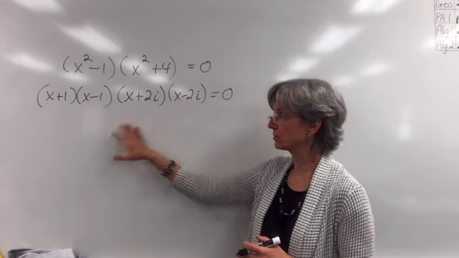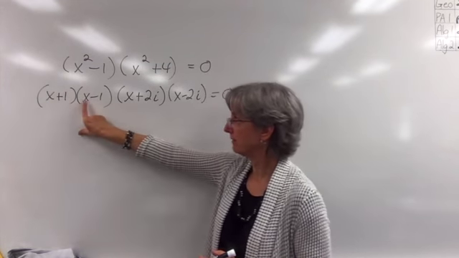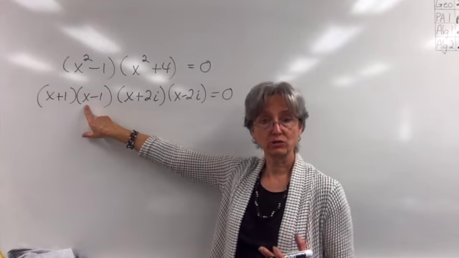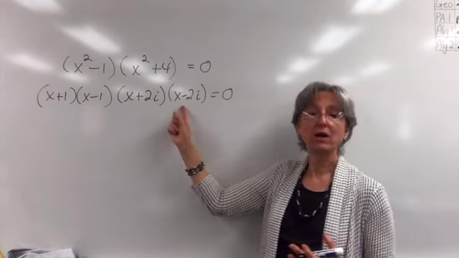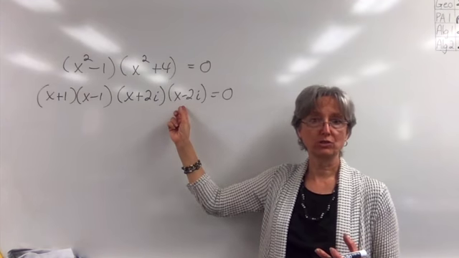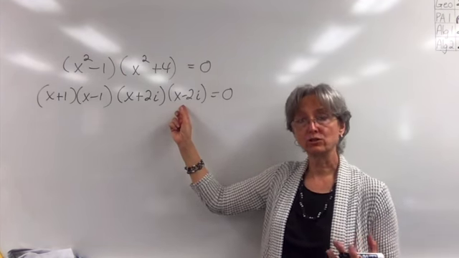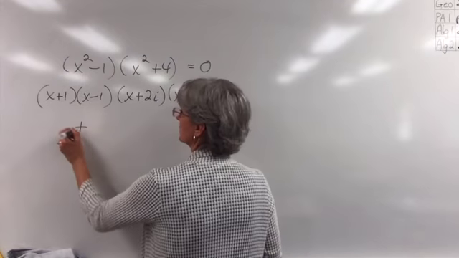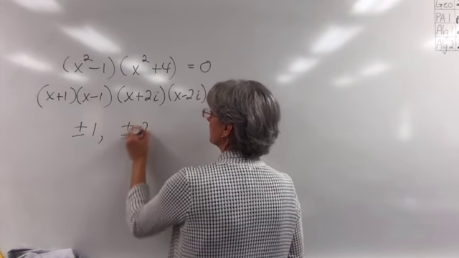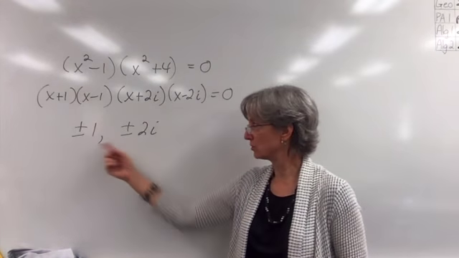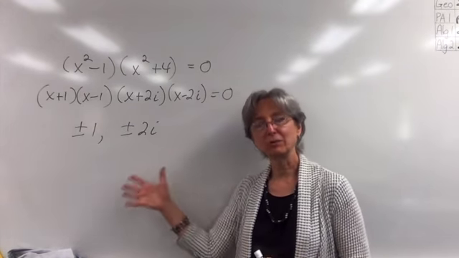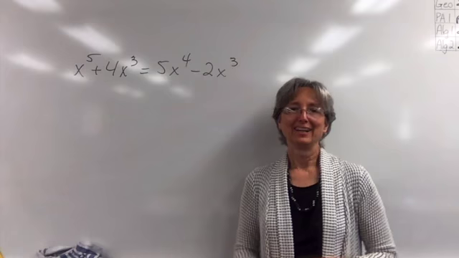So -1 and +1 are 2 zeros, and -2i and +2i are 2 zeros. So you could write that your solutions are plus or minus 1 and plus or minus 2i. You can list them all 4 out, or you can do it that way. That's perfectly fine, but that's how you would do this one.